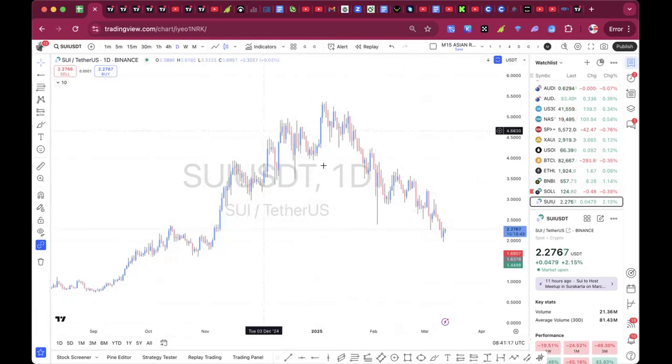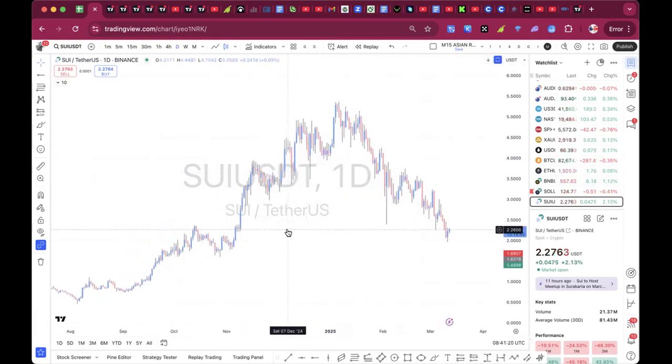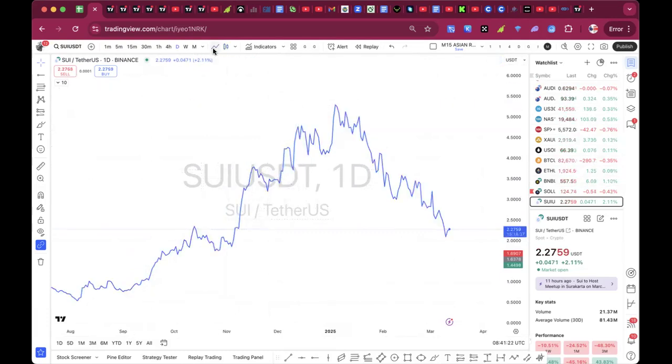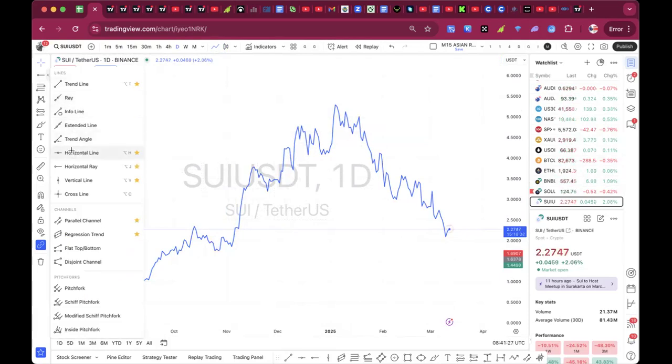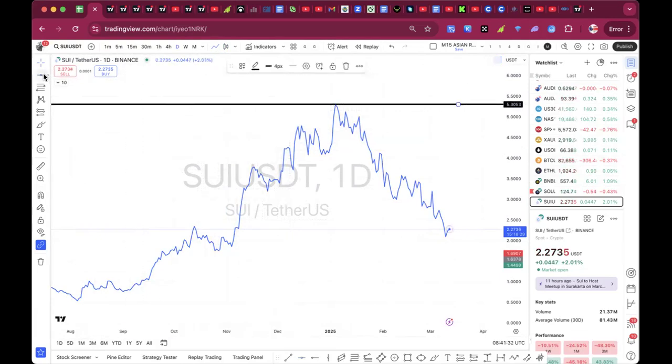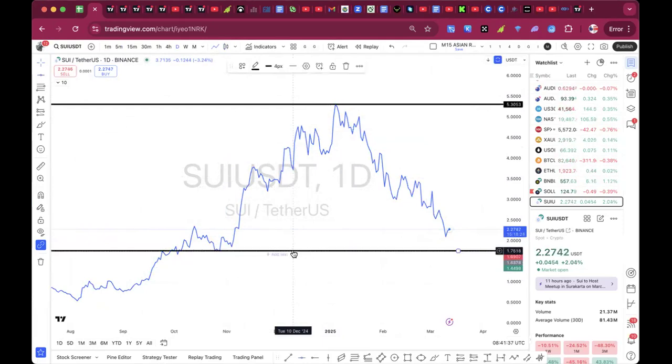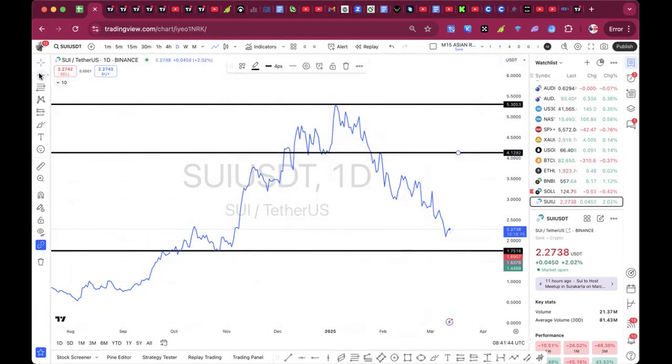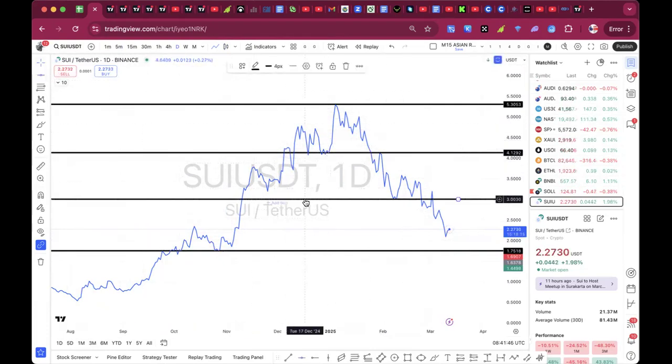So this is SUI. Let me add SUI to it. First thing, I shouldn't be doing this because it's going to take my time. Want to know how to do it? If you're an organized trader, you do your top-down analysis by doing the structure of the market, setting up key levels for your trading.